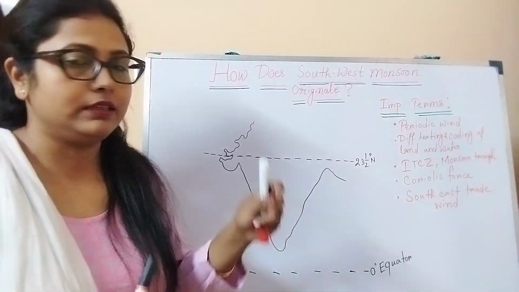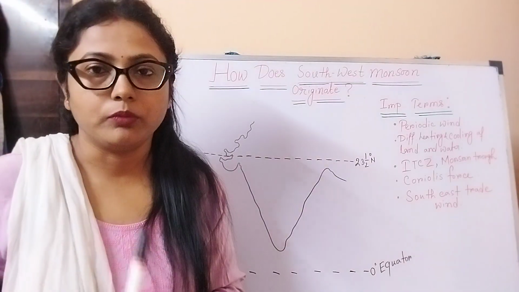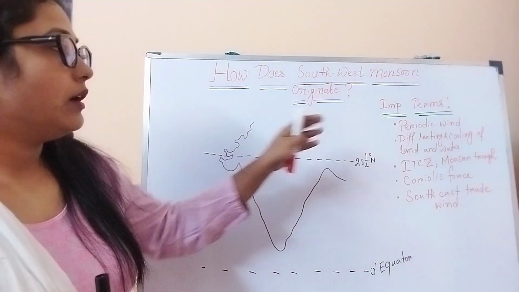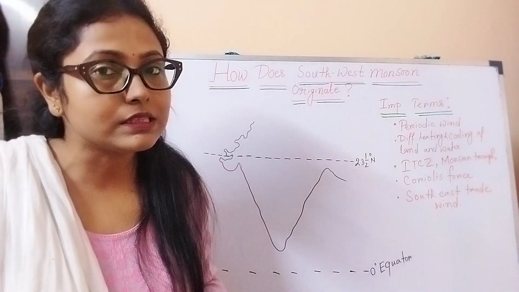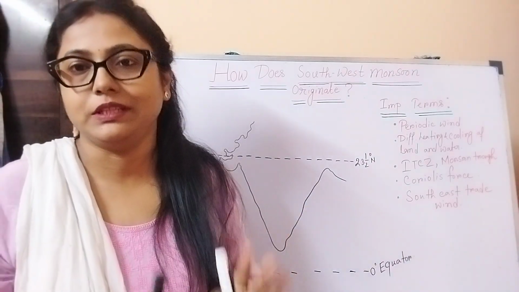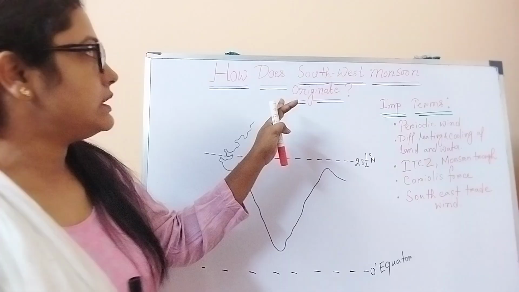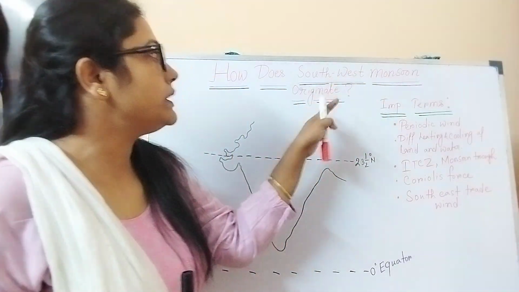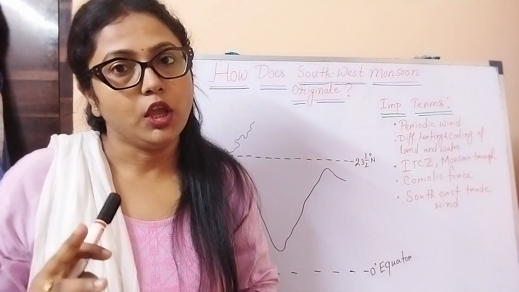So it has a tropical, hot and humid type of climate. And why monsoon? Because the monsoon winds prevail over India. They influence the climate of India from summer to winter. Today's main part is how the southwest monsoon originates. That we need to know.